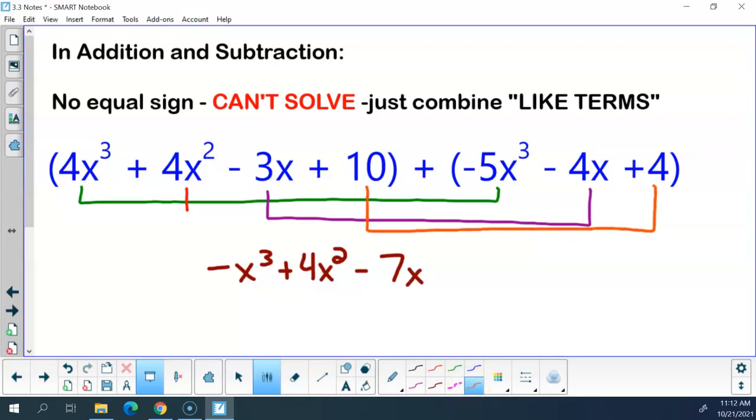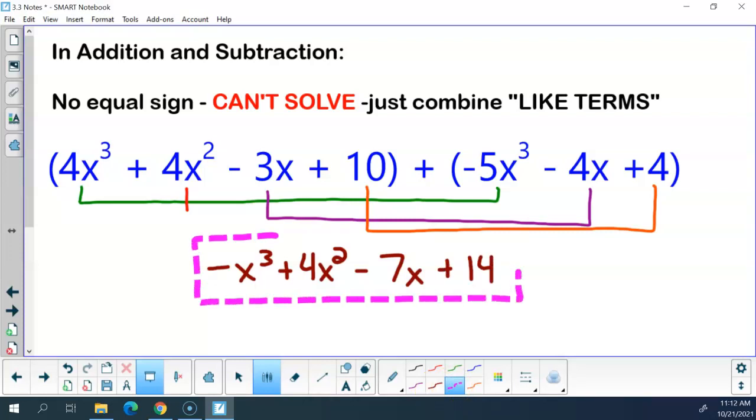Positive 10 plus positive 4 is positive 14. And that's my simplification. Straight up combining like terms. Okay? You try.